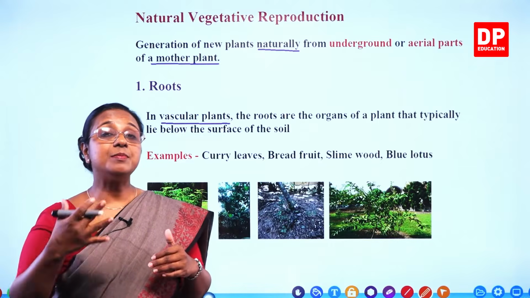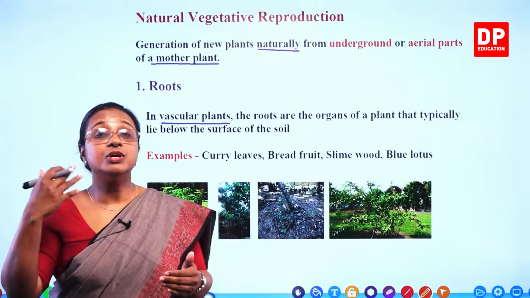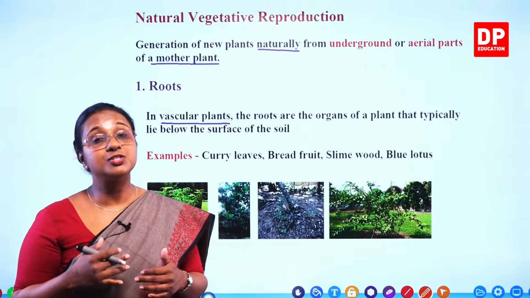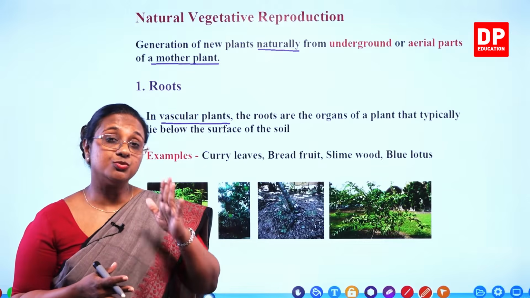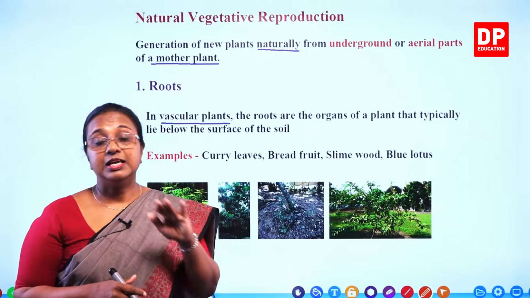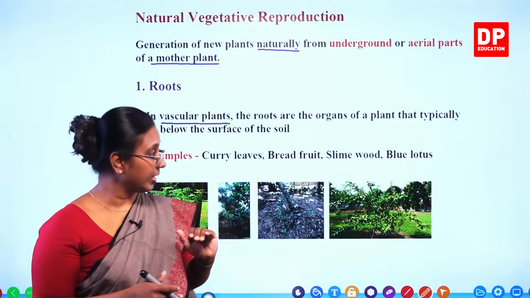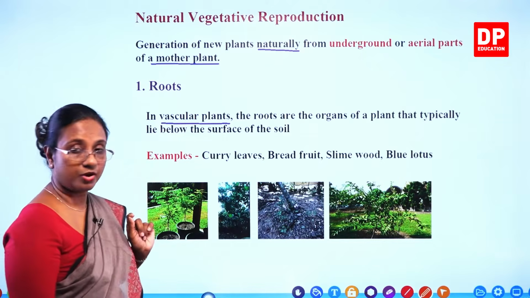Normally, they help the plant to hold on to the soil, and they also absorb water and minerals from the soil. And through the vascular tissue, the xylem tissue, water is transported up. So, normally, if you look at a plant, the roots are ideally below the soil. So, typically they lie below the surface of the soil.